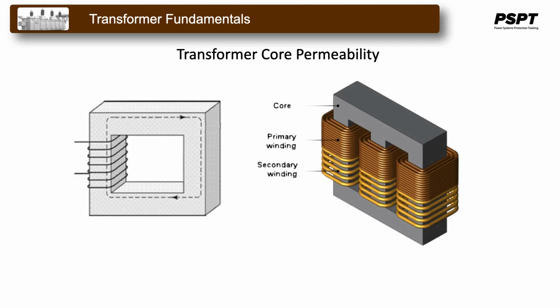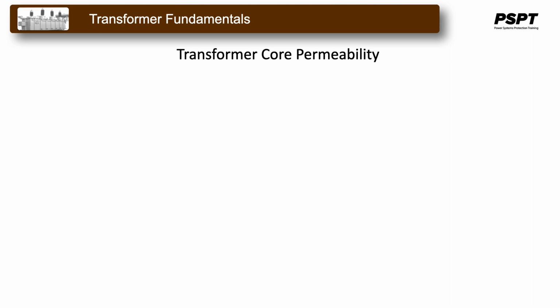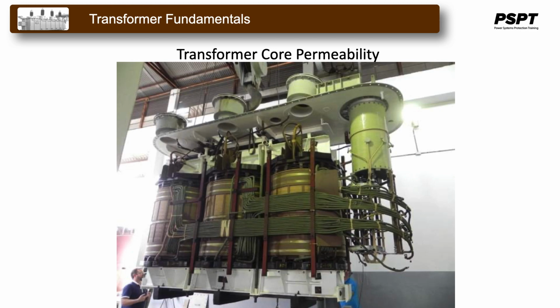The ability of iron or steel to carry magnetic flux is much greater than it is in air, and this ability to allow magnetic flux to flow is called permeability. Most transformer cores are constructed from low carbon steels, which can have permeabilities in the order of 1500 compared to just 1 for air.